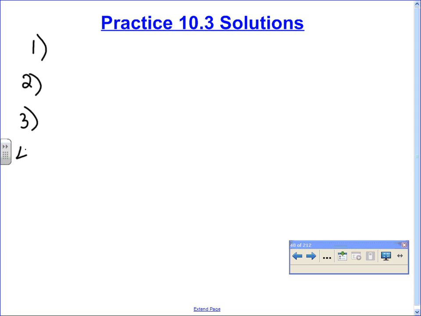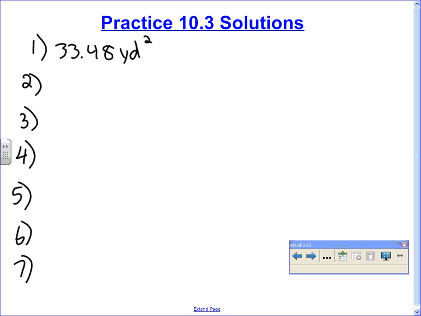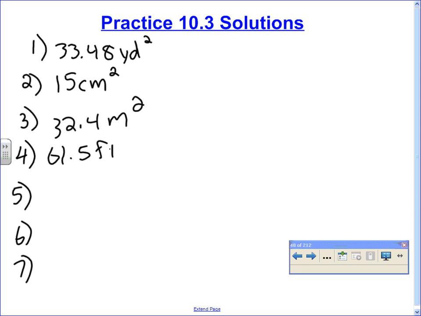Number 4, Emma H. Perfect. Donatus, number 5. Good. Alyssa, number 6. It should be 14.4. Okay, yeah, 14.4. Okay, number 7, Emma M. Kind of centimeters squared. Good.